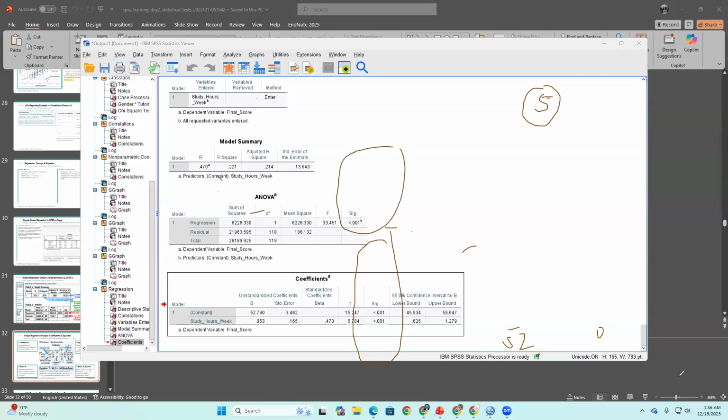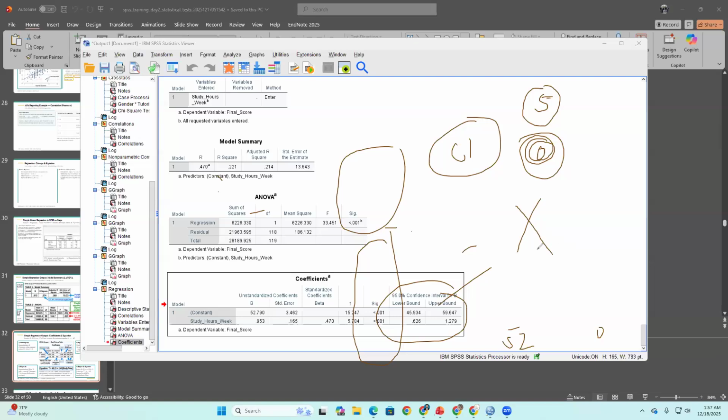Statistically significant. There is one more thing I want to tell you. One other way to define whether the model is significant or not is based on the confidence interval. If the confidence interval contains the value 0, it means your model is not significant.